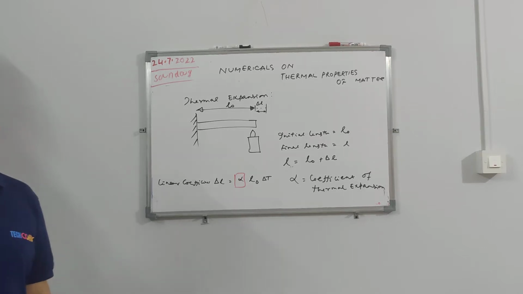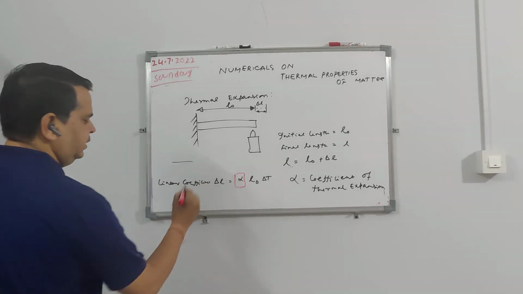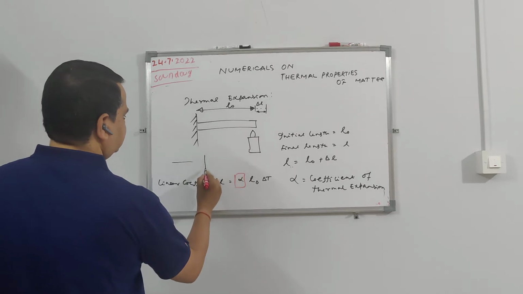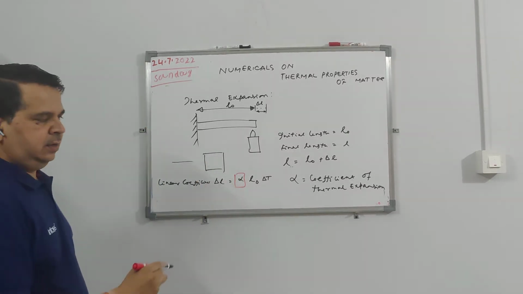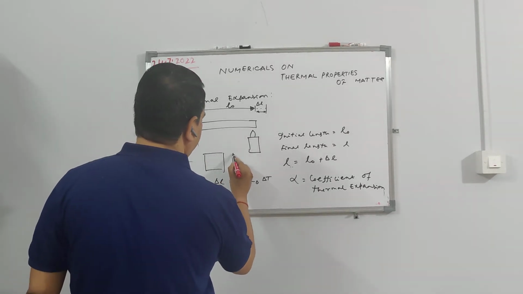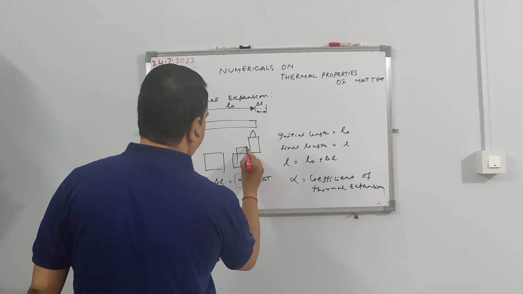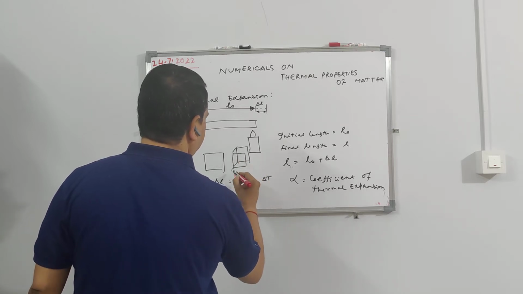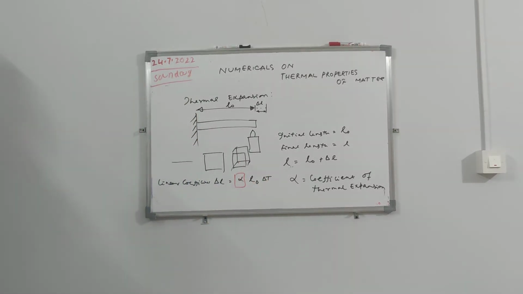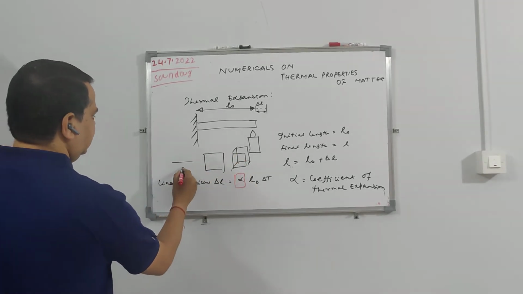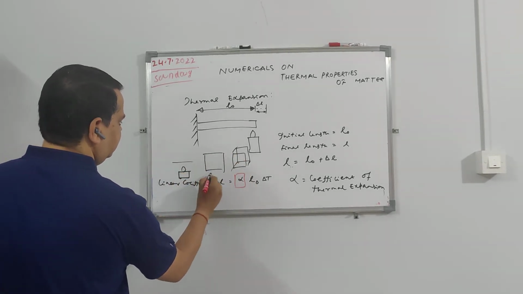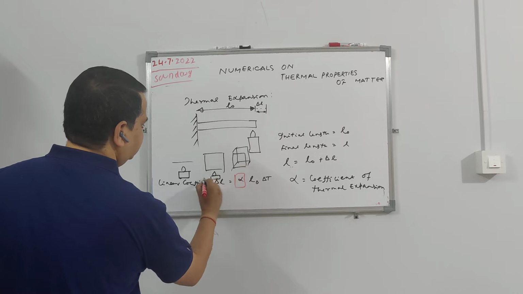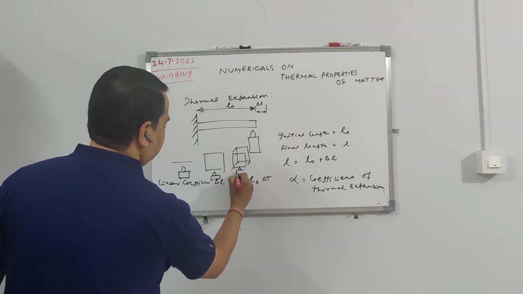Let us say this is a rod, this is the area, and this is a 3D solid. So every time you can heat it and find out the change in volume, change in area, and all those things.